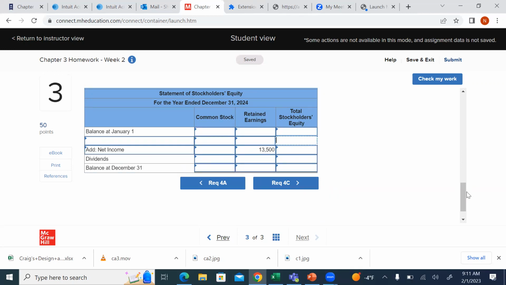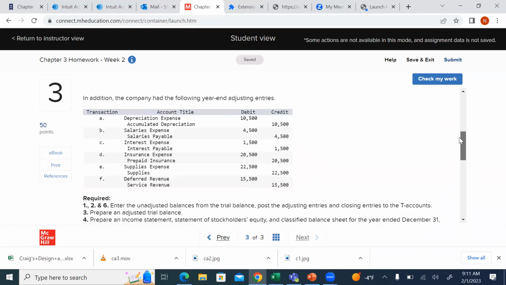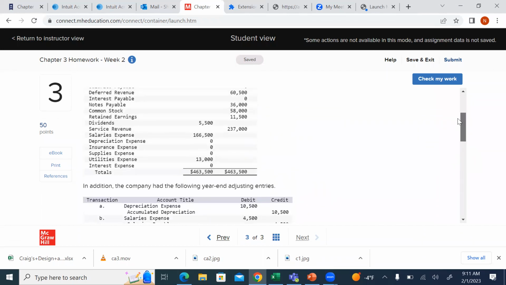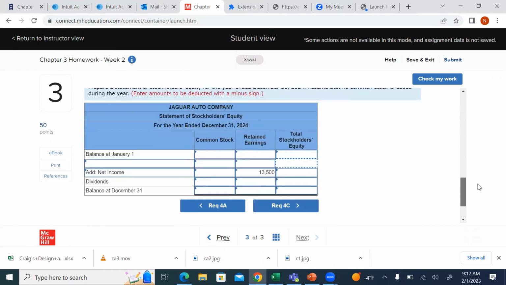So we need to go back and look at what the beginning balances were. We didn't add any more stock that I see. So we have common stock of 58,000, retained earnings of 11.5.